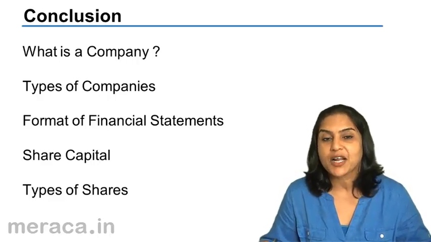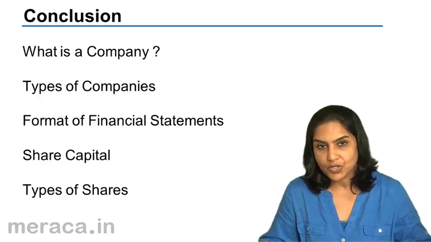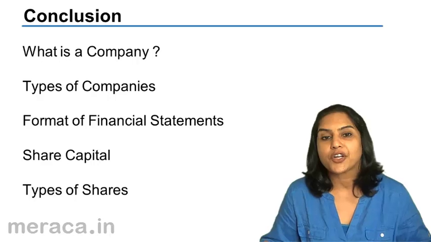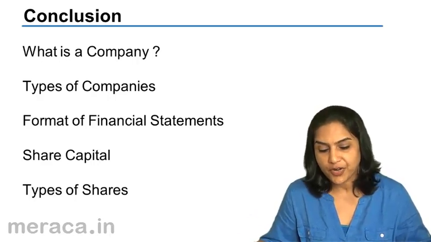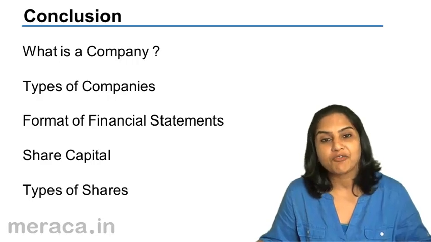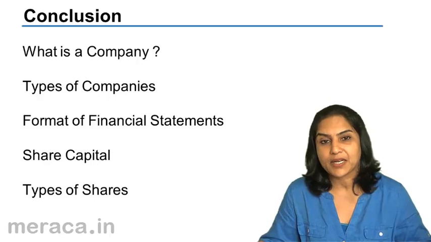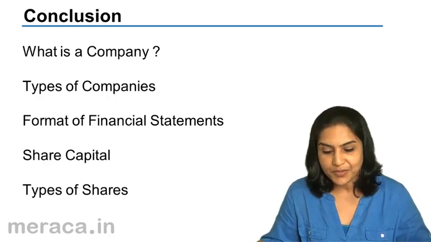Types of companies. We discussed several kinds of companies. We discussed what a statutory company was, a company which is formed under a special act, the audit of which is done by the Controller and Auditor General. We did a government company where 51% or more of the capital is held by the central government or one or more state governments.